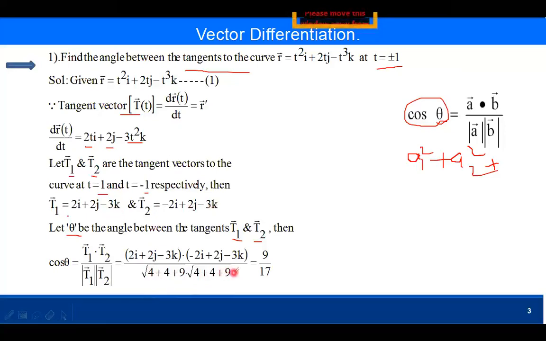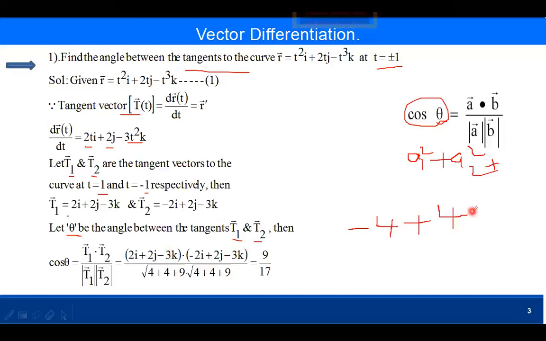So find the dot product of these two. 2 into minus 2, that is minus 4, plus 2 into 2, 4, plus minus 3 into minus 3, 9.